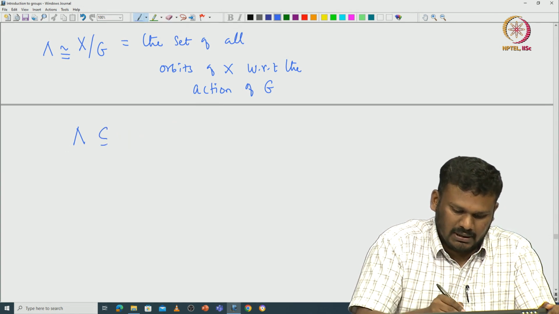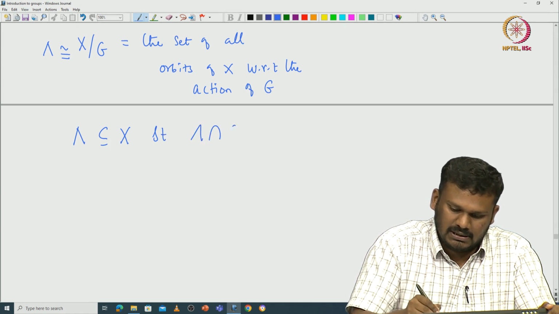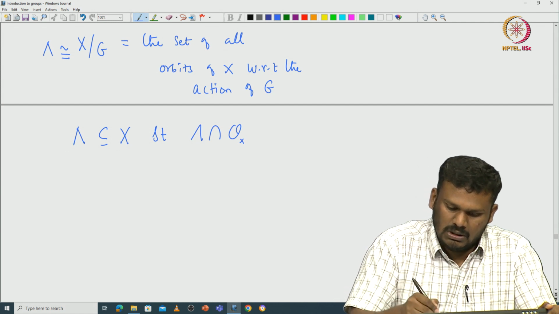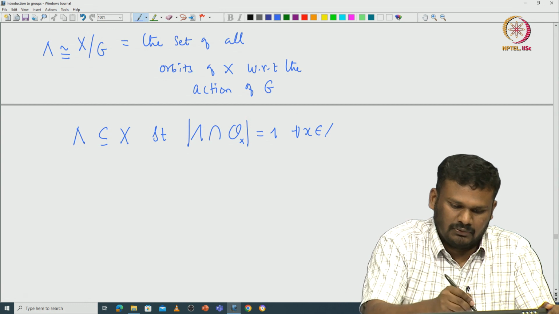Capital lambda is a subset of X such that capital lambda intersection the orbit of x, for any orbit, has cardinality exactly 1.